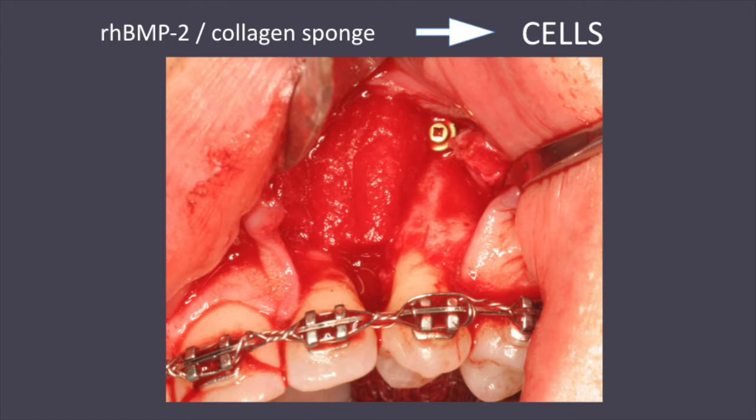Because this BMP protein is carried on a collagen sponge, there is no particulate matter that is being introduced. So there is no need to subtract mineralized material, so this is a purely anabolic process.